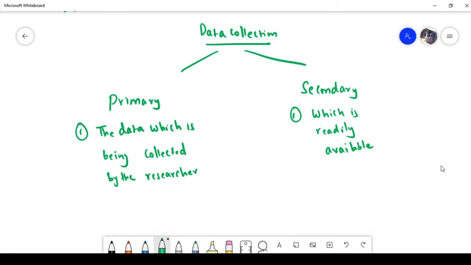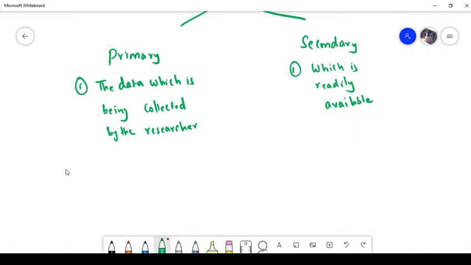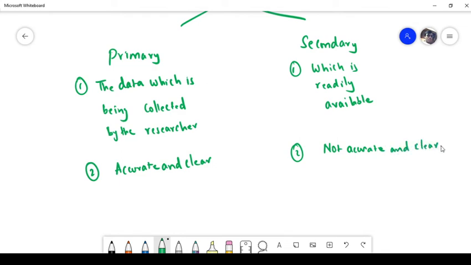The data collected by the researcher will be accurate and clear. But the data collected from third party sources, which is readily available, will not be accurate and will also not be clear.